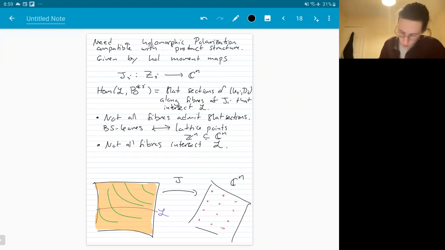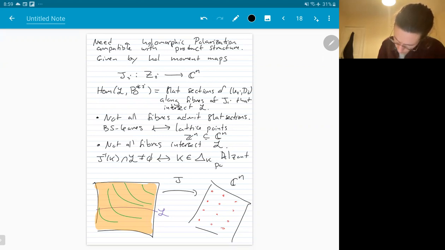And for this, what you find is that a fiber, J inverse of K, intersects L if and only if K is in the Delzant polytope for K omega.